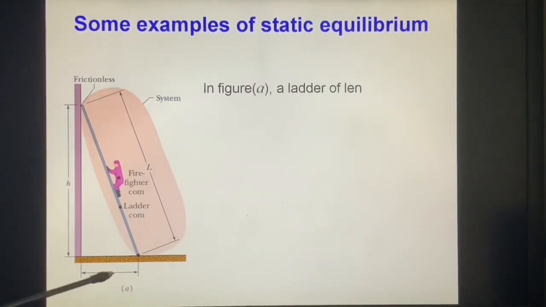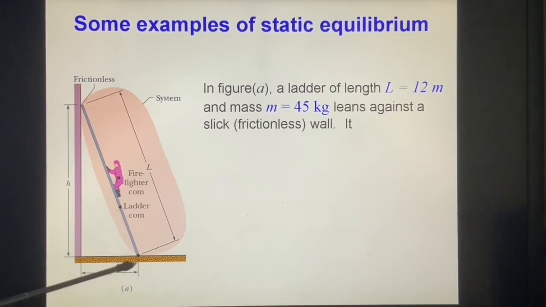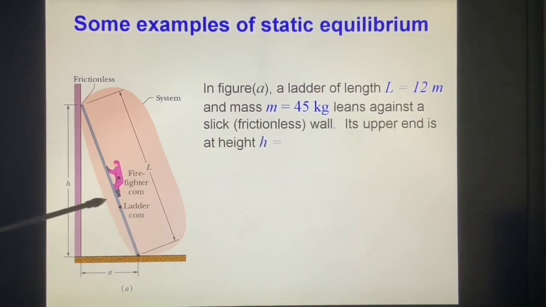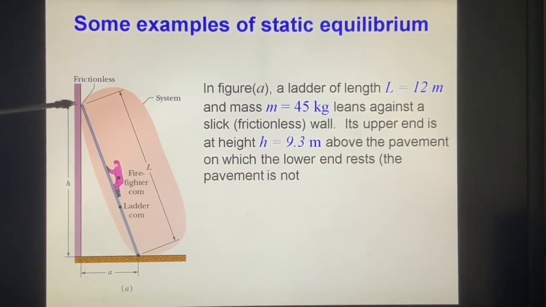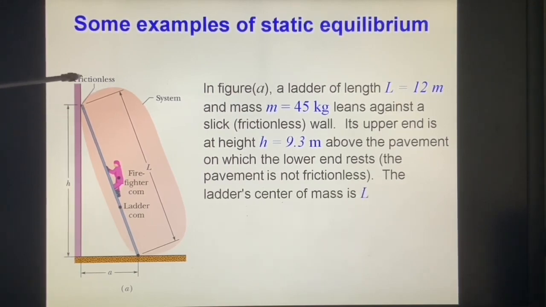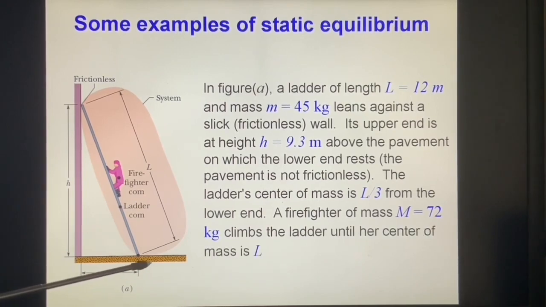In Fig A, a ladder of length L, 12 meters, and mass M, 45 kilograms, leans against a slick, frictionless wall. Its upper end is at height h, 9.3 meters above the pavement on which the lower end rests.